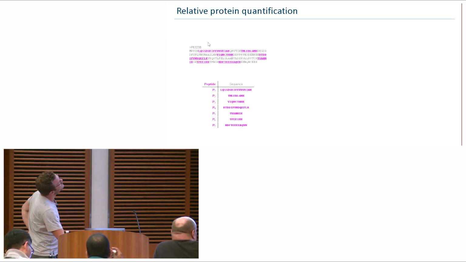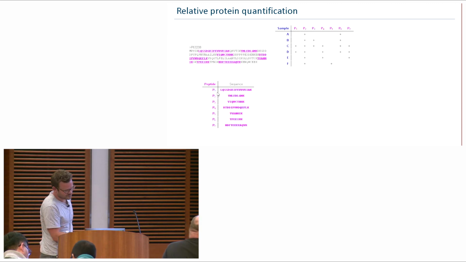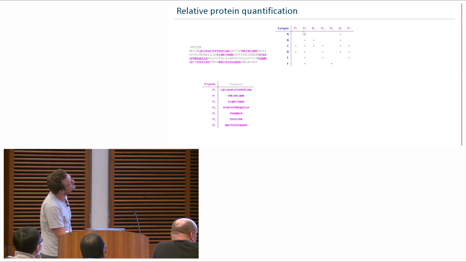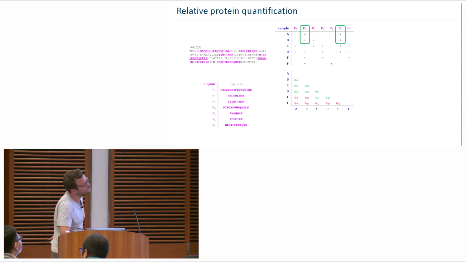So let's have a look at this nice protein, which has some identified peptides, P1 to P6. And these peptides were measured in our samples from A to F. We can use this table now to calculate ratios by taking the ratios of the peptides between two samples.